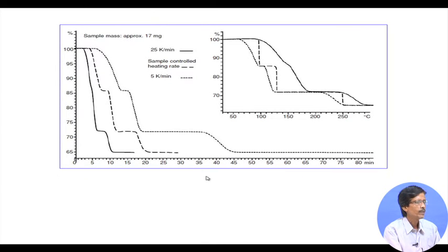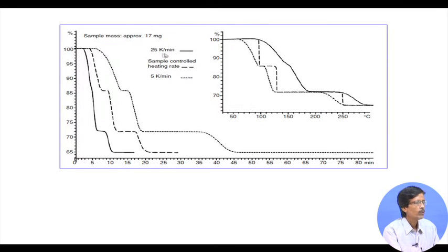So, we can see what differences we can have. In the first case, this has been plotted against time, not temperature. In this particular sample that we have taken, the sample is approximately 17 milligram, in the range of 15 to 20 milligram.